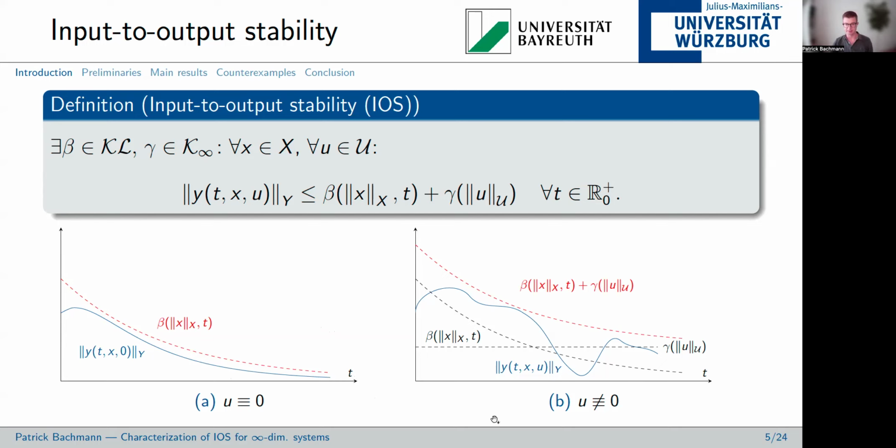In the second picture, we have a non-zero input, and this basically means that it is too much to ask for uniform convergence to 0, but we converge to some bounded set around 0. The output trajectory then remains below this shifted red dashed line.